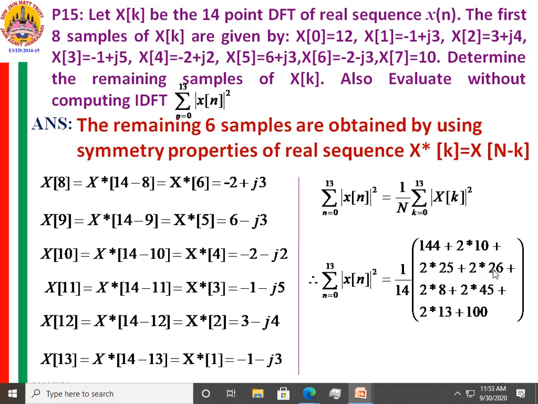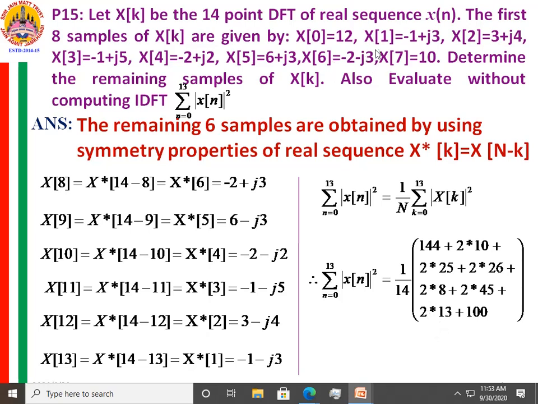So 2 into the magnitude of x3. The magnitude of x3 is 26. Observe the magnitude of x4. Magnitude of x4 is 8. 2 into 8. Magnitude of x5 is 45. Magnitude of x6 is 13.